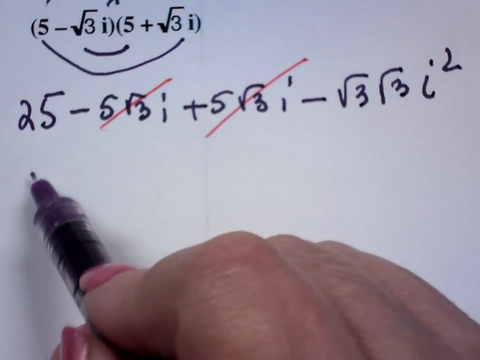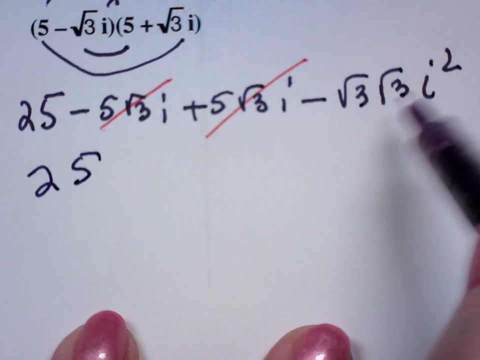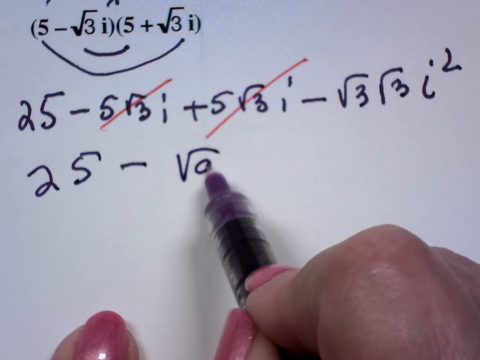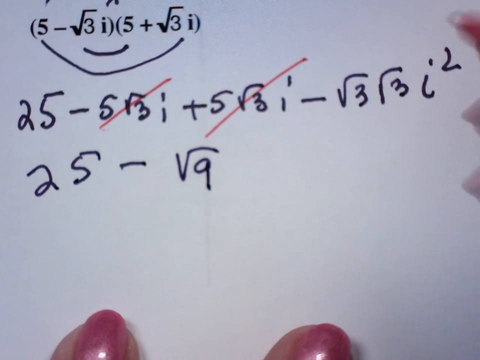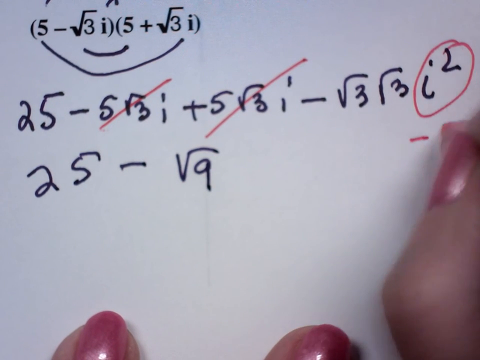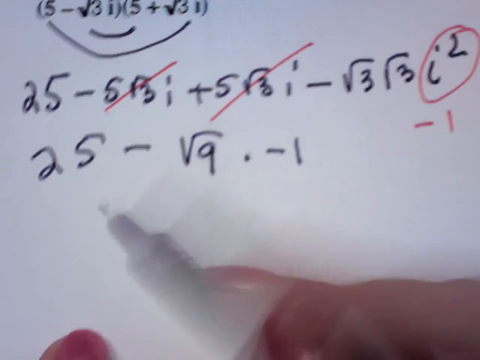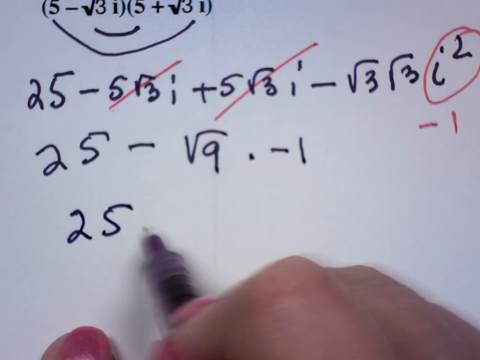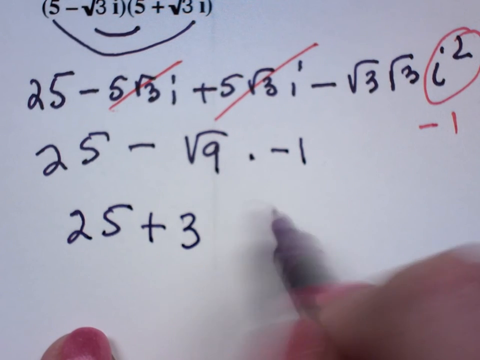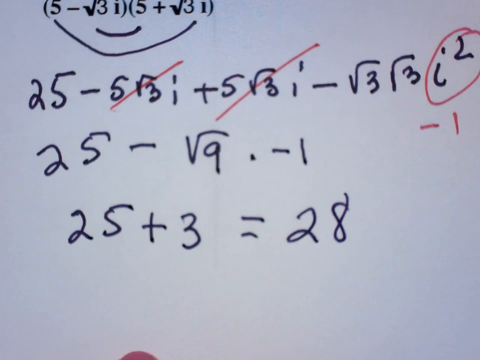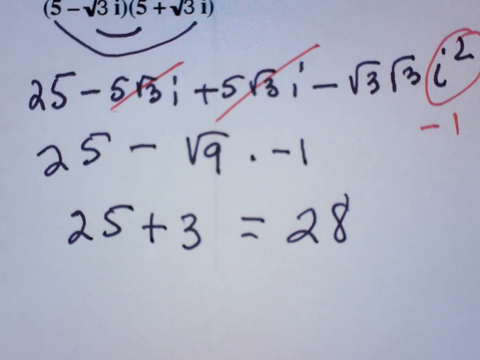So this becomes 25 minus the square root of 3 times the square root of 3, which is the square root of 9, and i squared we know is negative 1. So this is 25 plus 3, or 28. Notice I lost my i's. I wonder where they went.